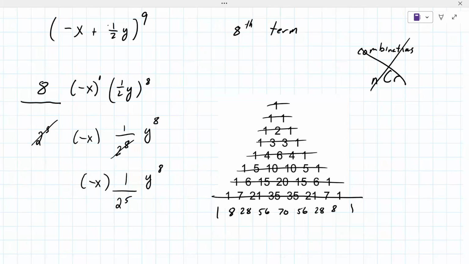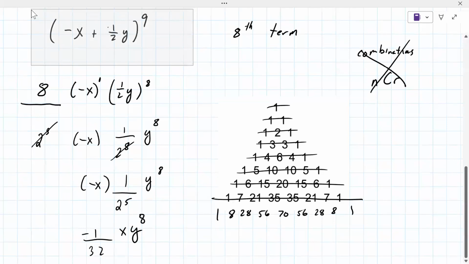And so you end up getting 1 over 32 negative, and then X and Y to the 8, like that. Got it. So basically multiply the negative x into the negative one, and then simplify the two to the fifth.